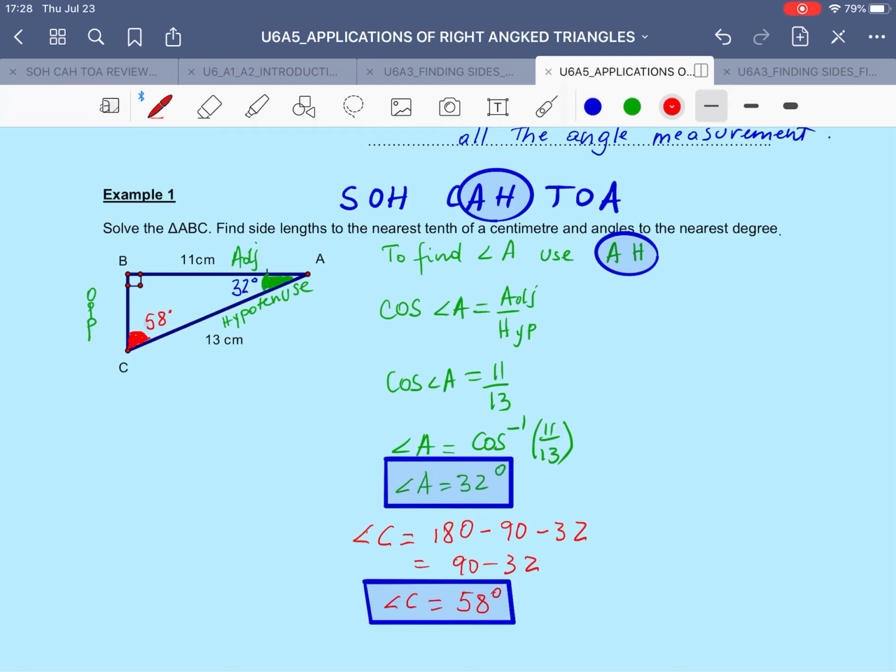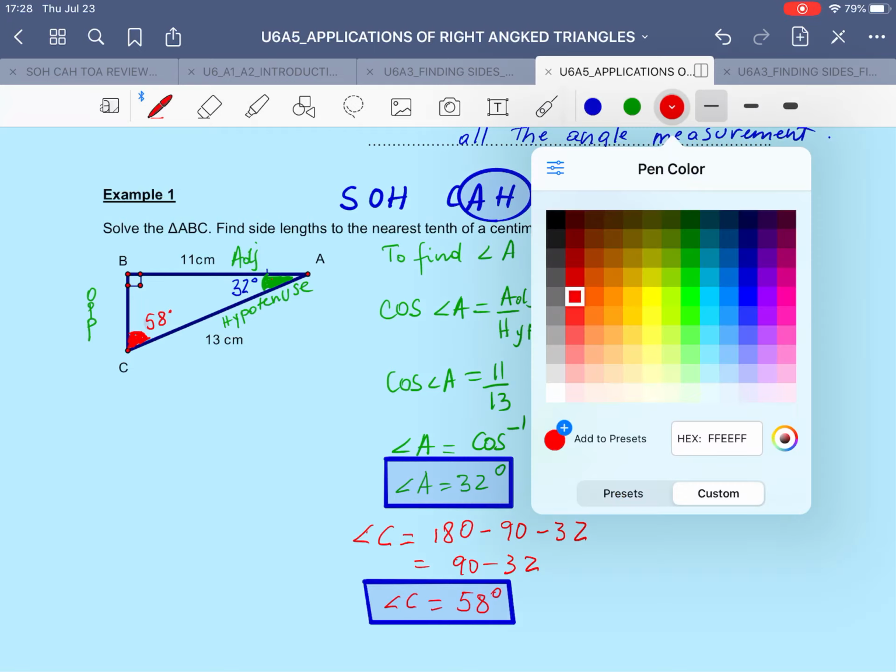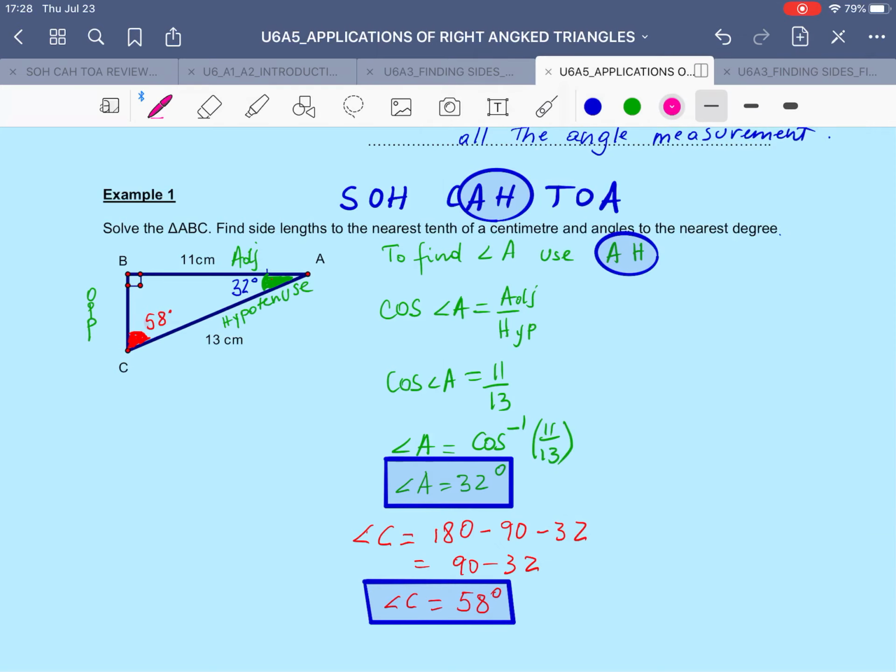And I need to find one last thing, which is this side in here, the opposite side to angle A. And I don't want to change the labeling, so I'm going to keep the same diagram. So to find the opposite, I have to think this opposite is opposite to 32.